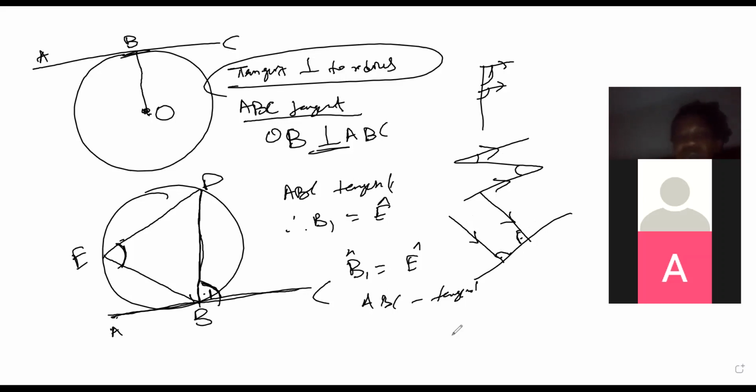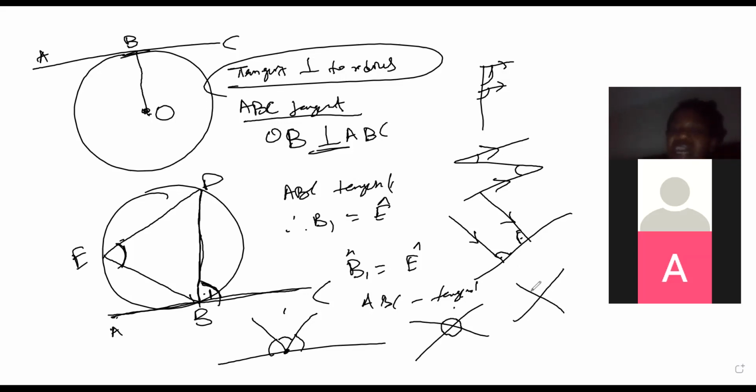I'm just going to go quickly. Angles on a straight line are supplementary, so this angle plus that must give you 180. Angles around a point, this angle plus this one plus that one must give you 360. Vertically opposite angles: this angle is equal to that angle, and this one is equal to that angle.